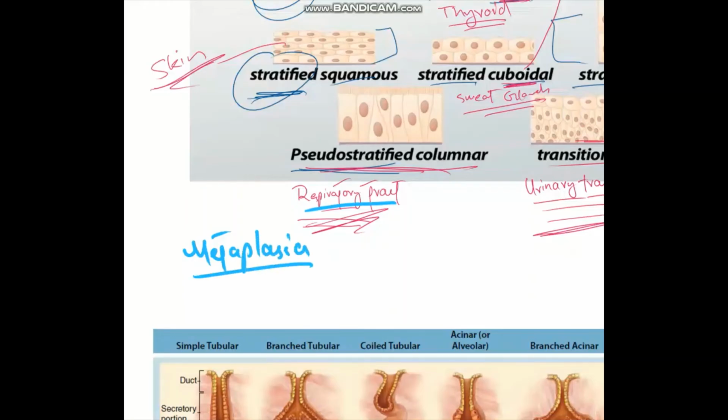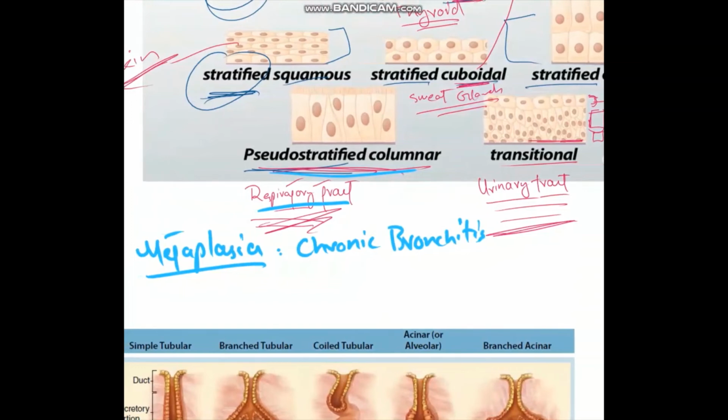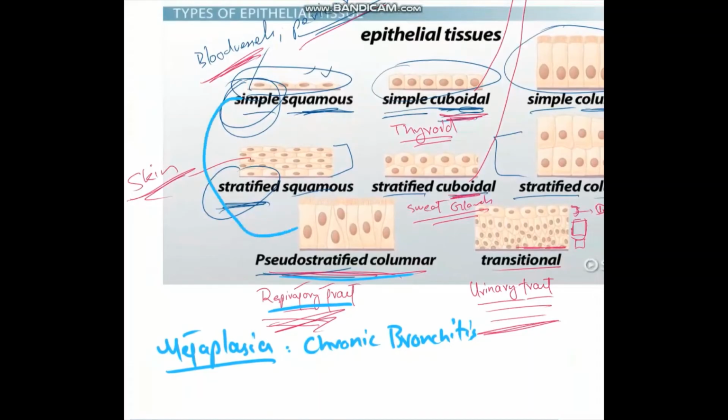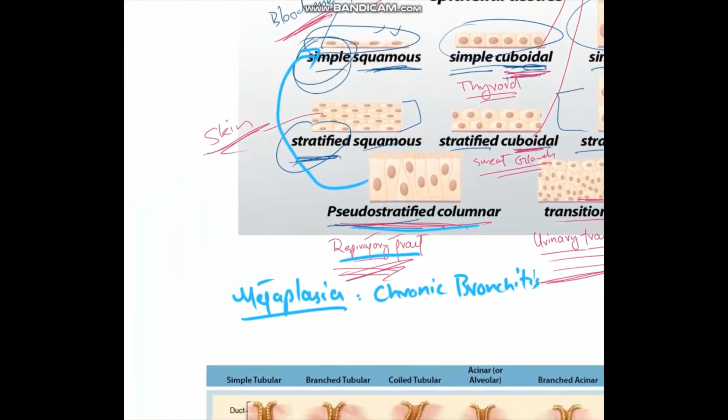And in the case of the pseudostratified columnar epithelium, in certain diseases like chronic bronchitis, for example, this pseudostratified columnar epithelium converts into more of a squamous nature, and this results in further pathology, because the ciliary lining is being lost, and then it cannot further circulate the mucus that is being secreted, and it causes further problems in your respiratory tract.